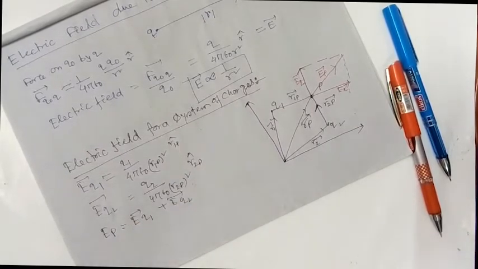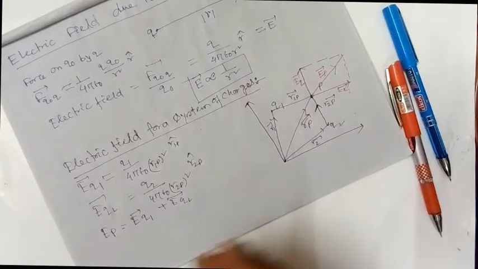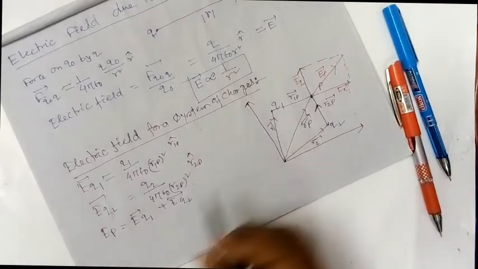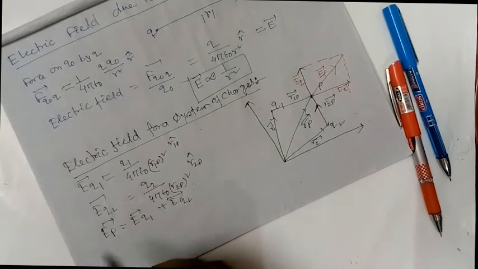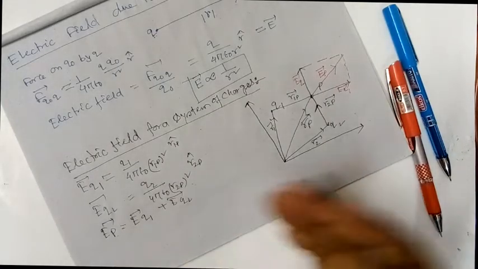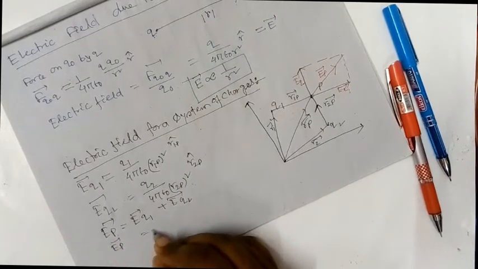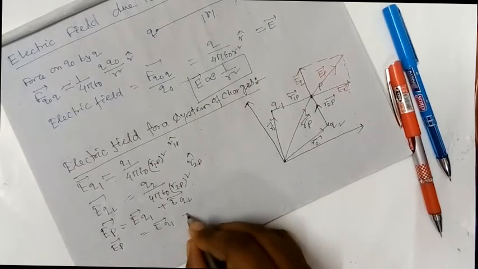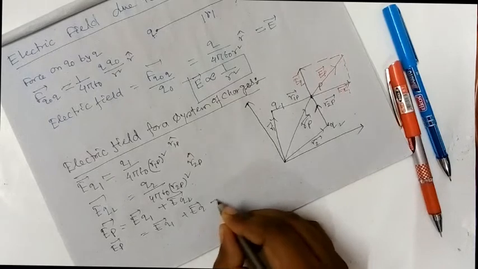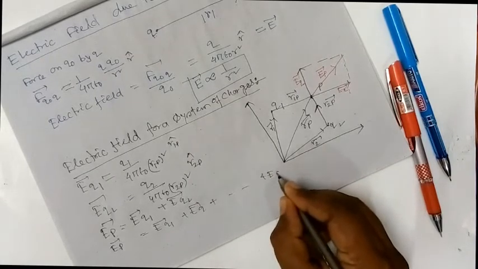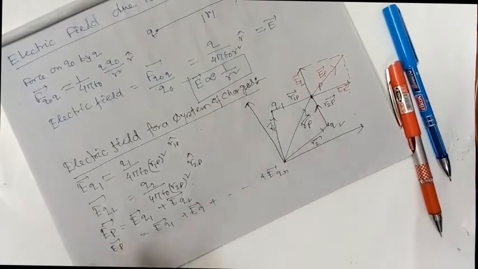So if you add it, then we are able to find the resultant EP. So instead of two charges, if there are n number of charges, EP should be EQ1 plus EQ2 plus dot dot dot plus EQN. However many charges there are, their vector sum will be the superposition of electric field.